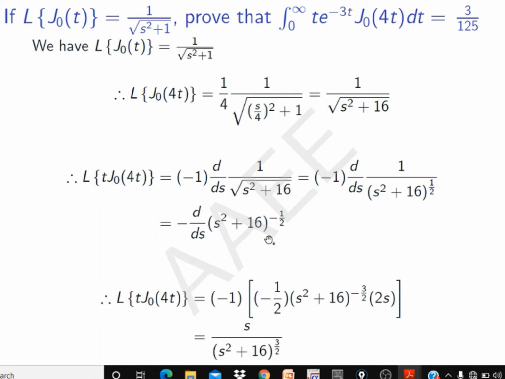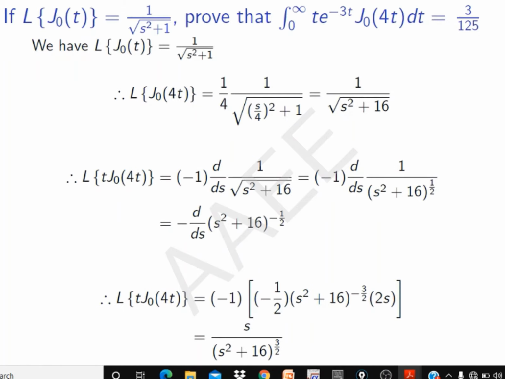Its derivative is minus 1 by 2 times s square plus 16 raised to minus 3 by 2, and by the chain rule the derivative of s square plus 16 is 2s. If you simplify, the 2 cancels with the 2, the minus sign and minus sign become plus, s goes to the numerator, and since the power is negative, the factor goes to the denominator: s upon s square plus 16 raised to 3 by 2.